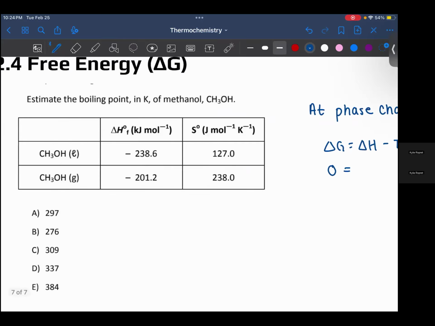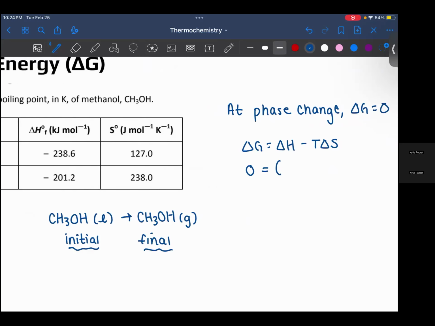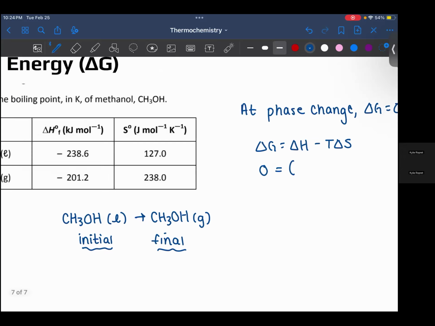So we're going from CH3OH liquid to CH3OH gas. So this is our initial, and then this is our final. So for delta H, the change in enthalpy, we're going to do our final minus our initial.